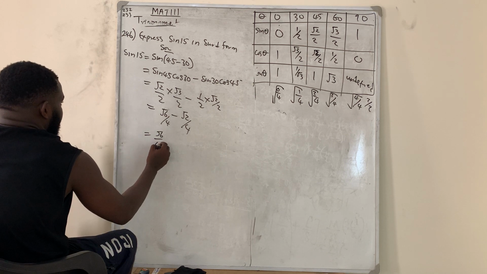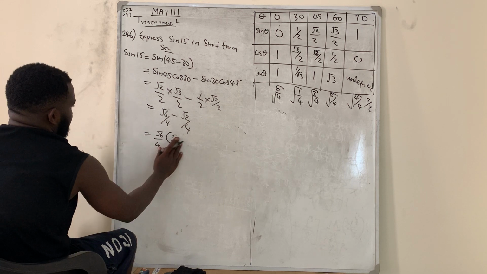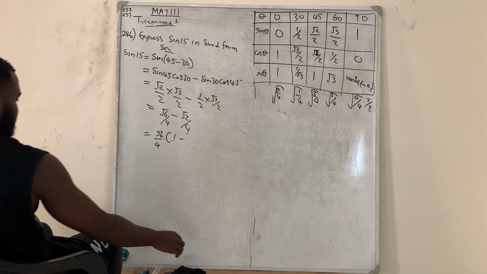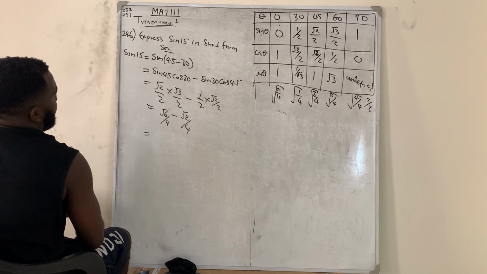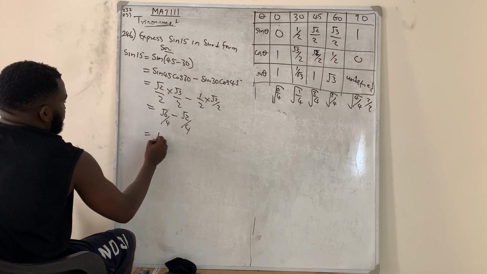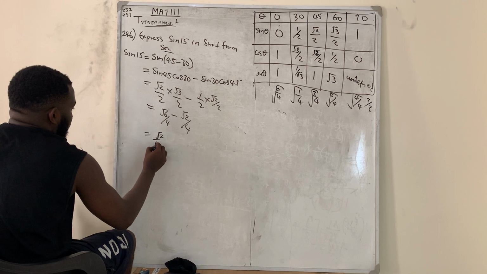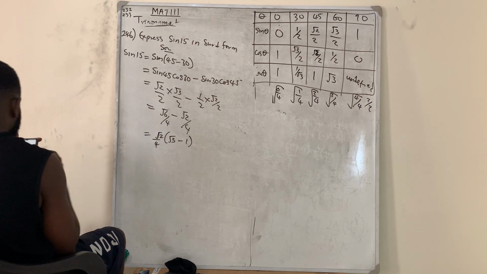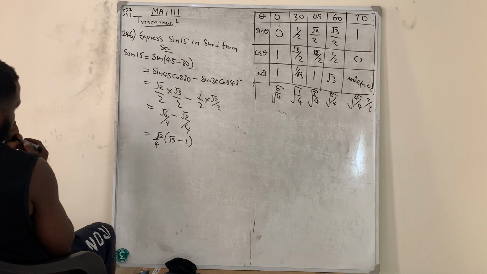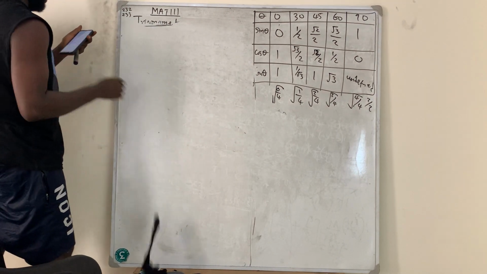Sorry, it's supposed to be root 2 over 4 into root 3 minus 1. Root 2 over 4 into root 3 minus 1. Okay, option A is very, very correct. So we'll go to the next question.